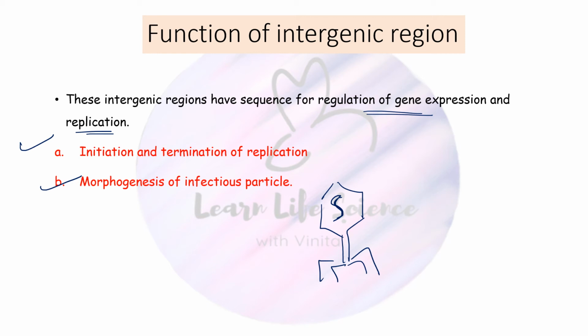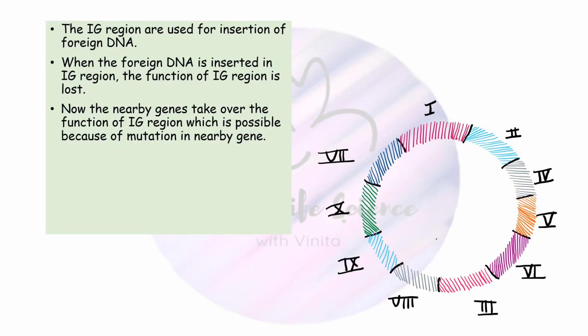Now the question arises: where can we insert the foreign DNA? For insertion of foreign DNA, the IG region is used. Now, when the foreign DNA is inserted in the IG region, for example, the one between second and fourth gene or the other one between third and eighth gene, the function of the IG region is lost.